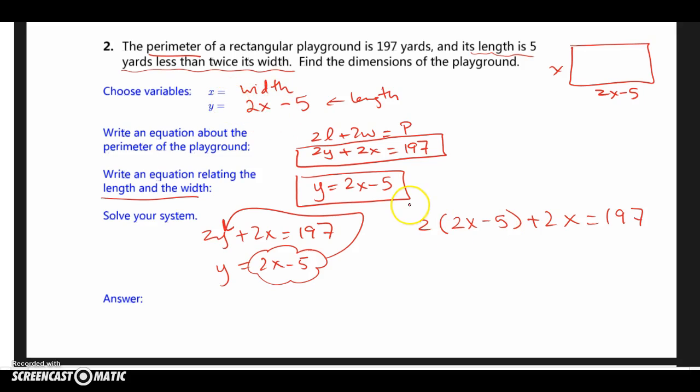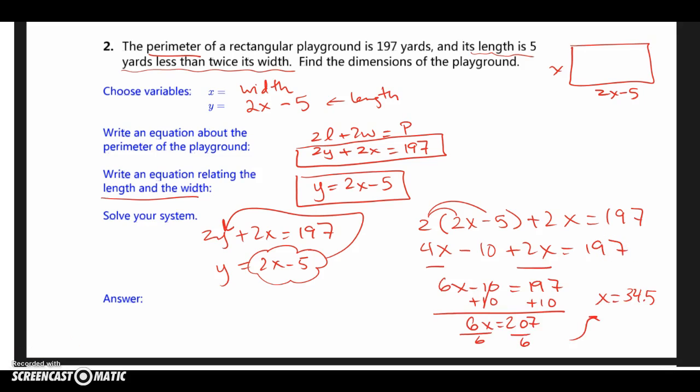So if it didn't force me to do a system, it would have been okay to use one variable in this case, just stick to the x and then your length would be 2x minus 5. But the steps kind of forced us to come up with a system. So 4x minus 10 plus 2x equals 197. We're going to solve for x, combine like terms, isolate x, and we get 34.5.